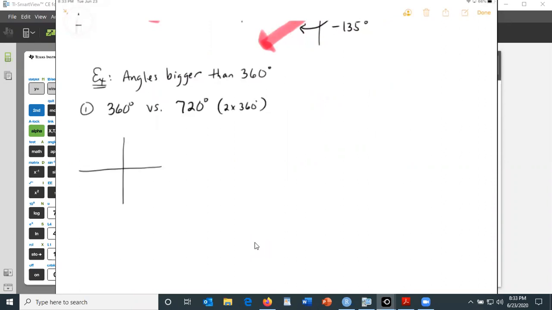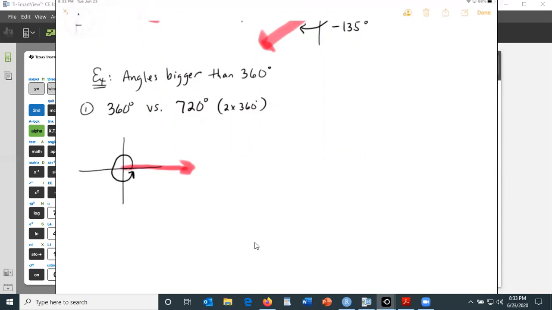Now, this is positive 360, so this is going to be counterclockwise rotation. We start there and rotate 360 degrees. Remember, 360 is a full circle, so I would rotate all the way back to the beginning.